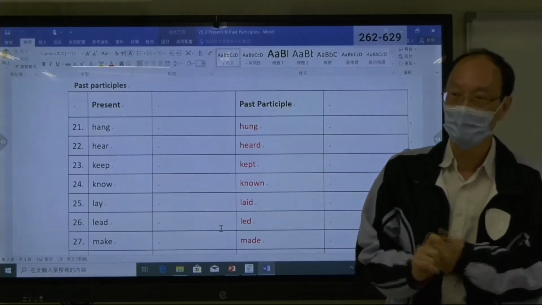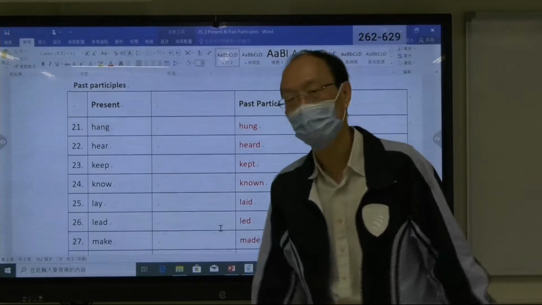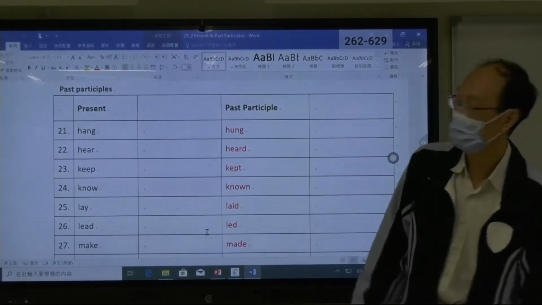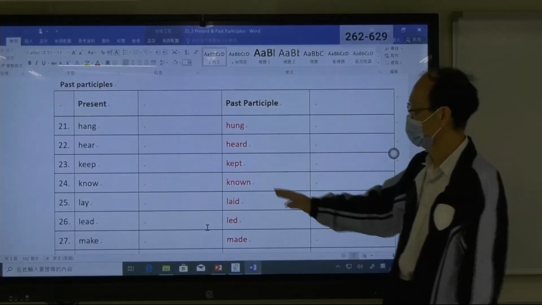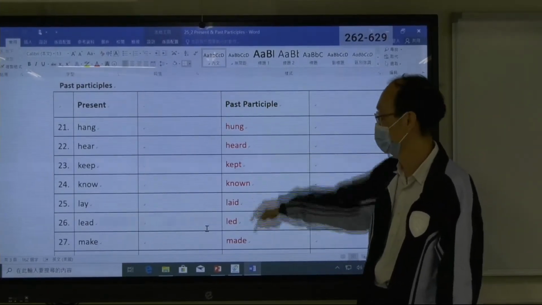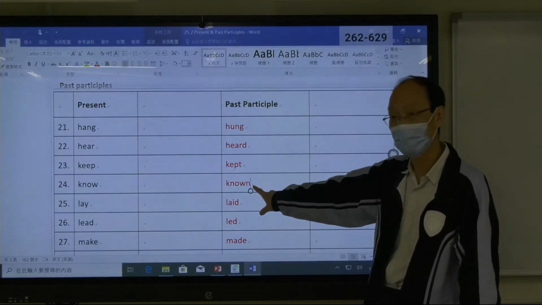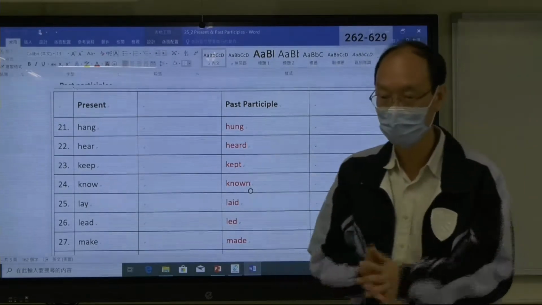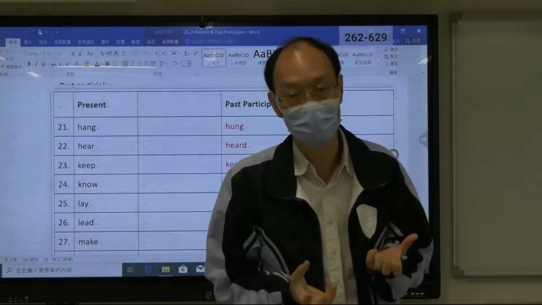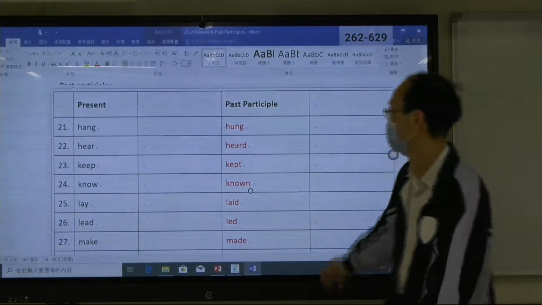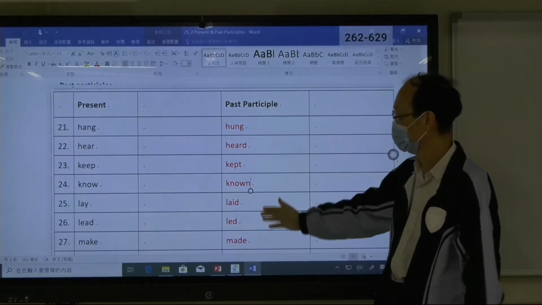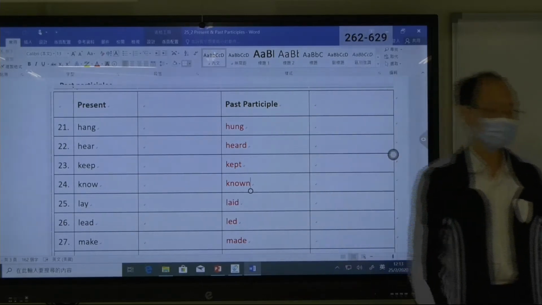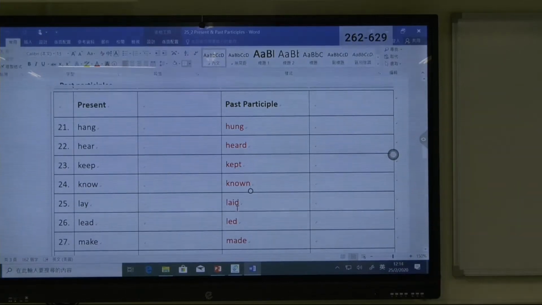For most verbs here, we add ed, but sometimes we just add d. Sometimes we add n here, or sometimes we change the whole word, for example, wake, woken. So we call all these words past participles.